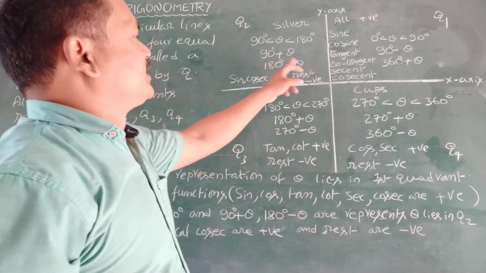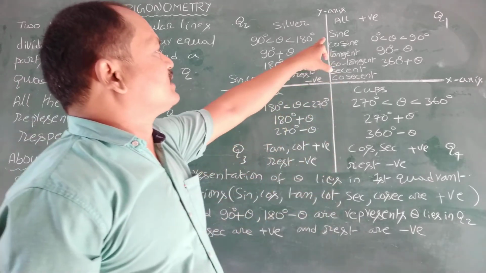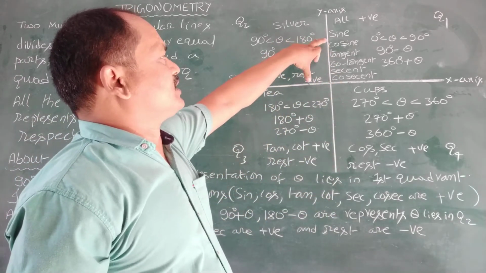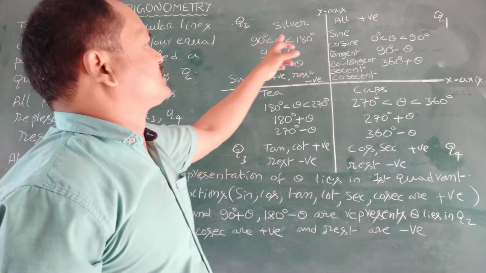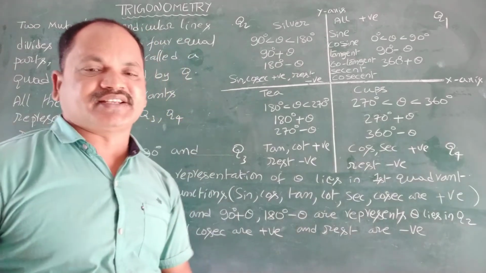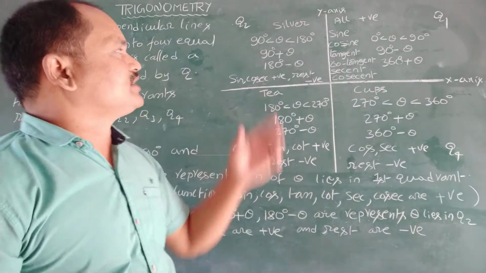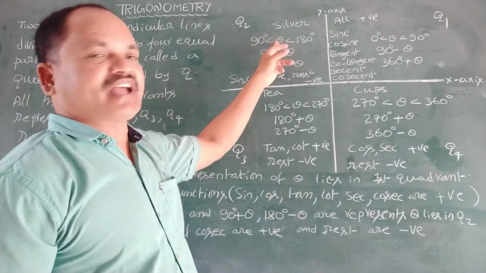That's why 180 minus theta. 90 plus theta and 180 minus theta. At the same time, theta lies within the interval 90 to 180. So 90 less than theta less than 180 degrees is also the representation of theta lies in Q2. That's why theta is an obtuse angle here.